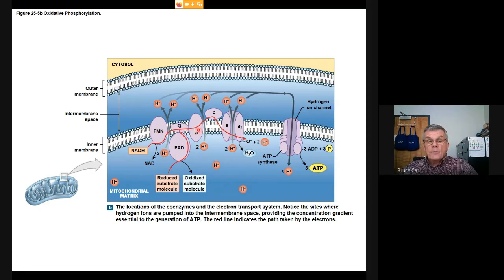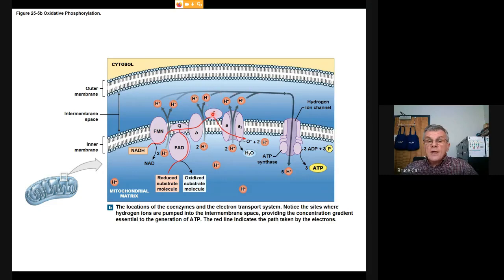Here's a good example. Q to B yields no proton pumping. But B to C, there is a proton pump. Here's two more hydrogens moved across. Now, what does that mean? It means we're moving hydrogen against the concentration gradient. So this is definitely active transport, and it is enriching this intermembrane space with hydrogen ion.